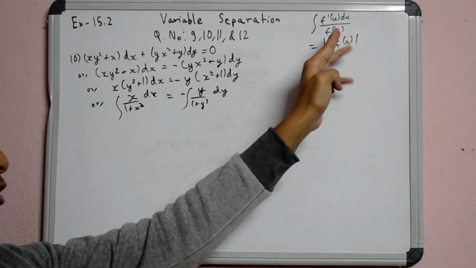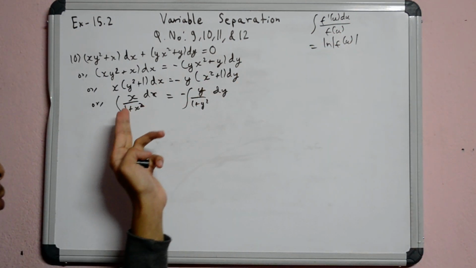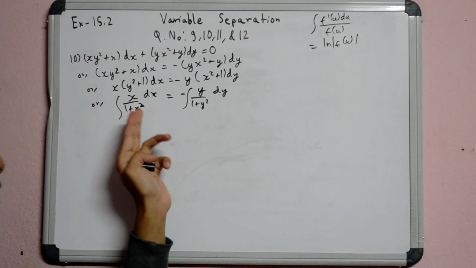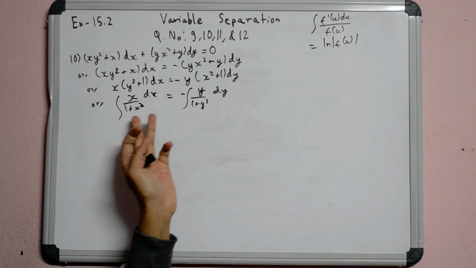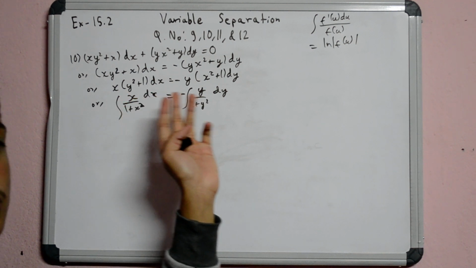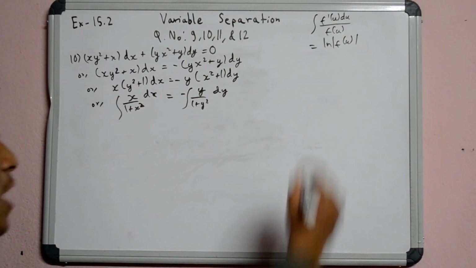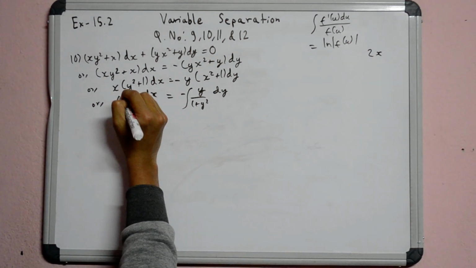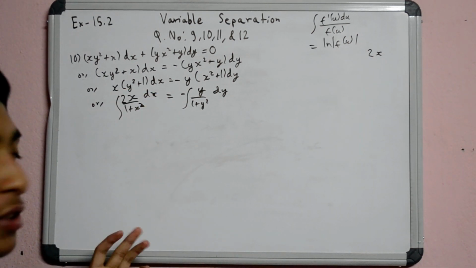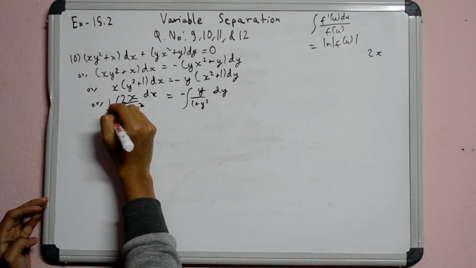Now our function is the denominator part, which is 1 plus x square, so its derivative, which is 2x, should be in the numerator. But here we only have x and we want 2x, so let's simply introduce the 2 right here. But to not change the integral, let's multiply by 1 by 2.